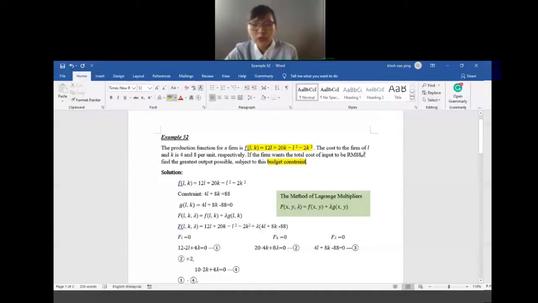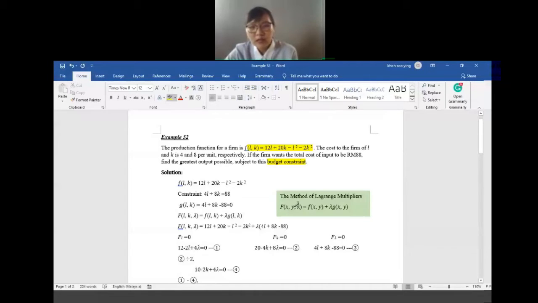For this question, we will use the method of Lagrange multipliers by forming a new function F(x, y, lambda). Since in this question our variables are L and K, we substitute x and y with L and K respectively.